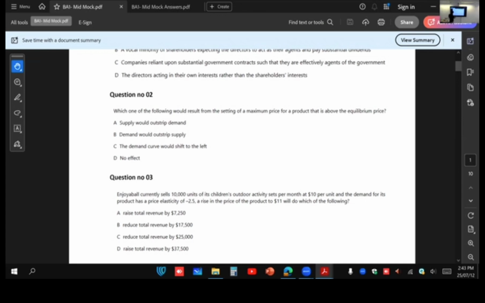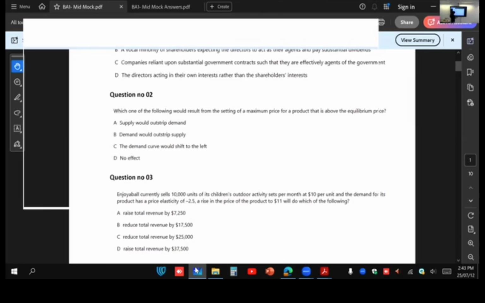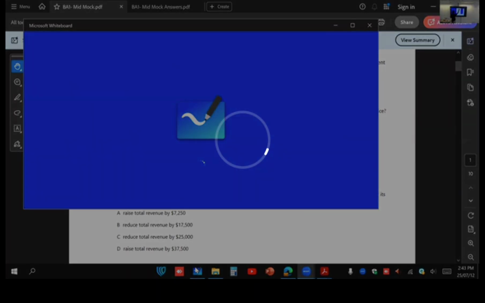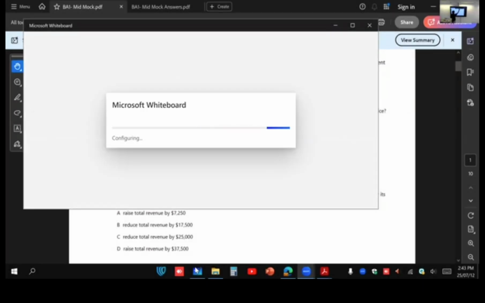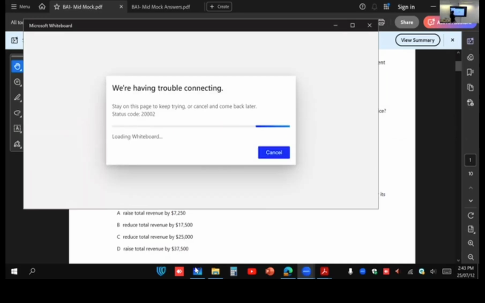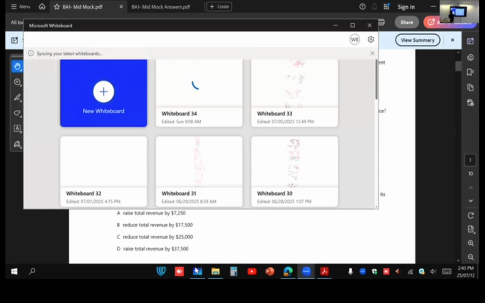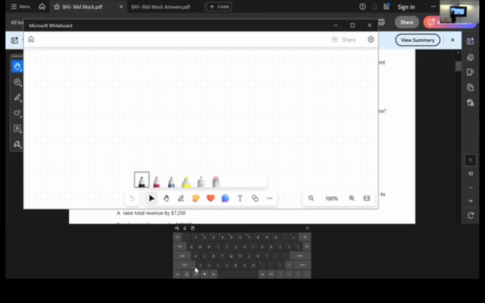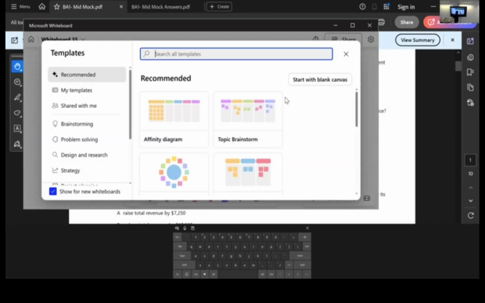Right, if I drew whiteboard, I drew. You cannot see the share screen. Those who are joining online, can't you see the screen?